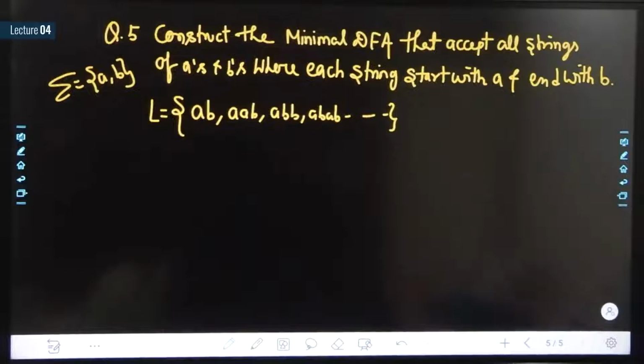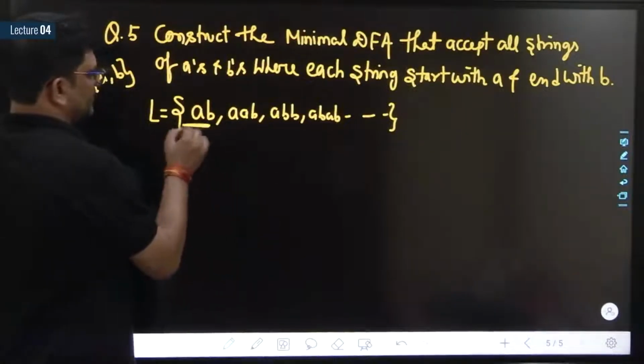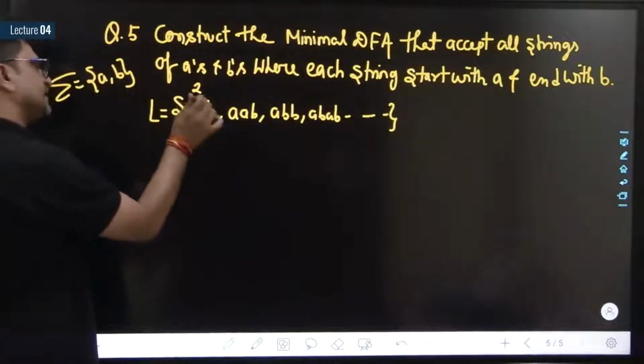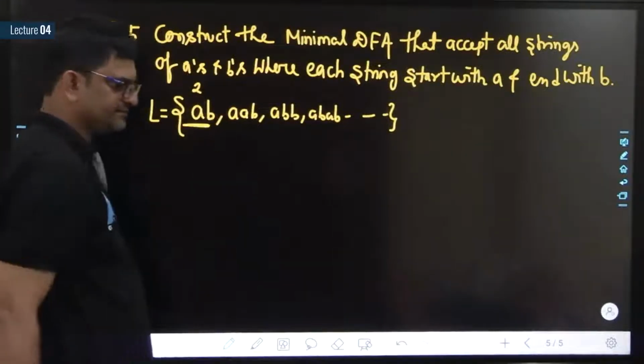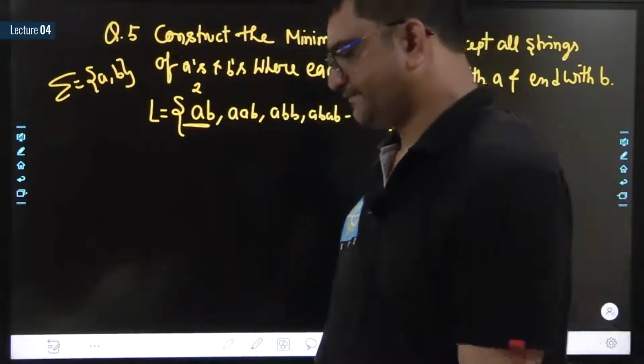Now construct the skeleton for this language. The minimum length string is AB. Length of the string is 2. Construct the skeleton for this string. After that, make it a DFA.